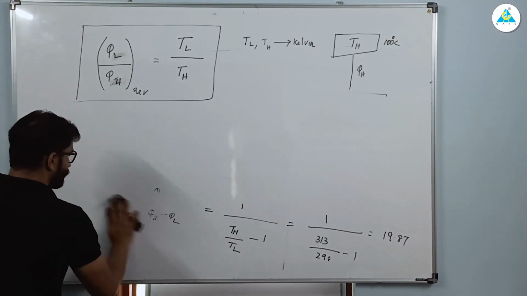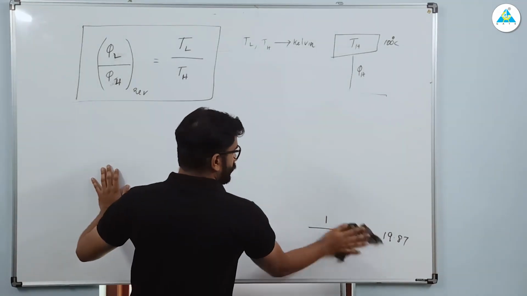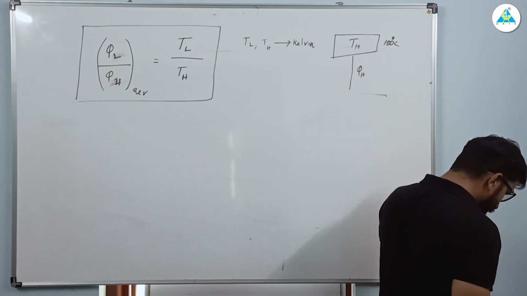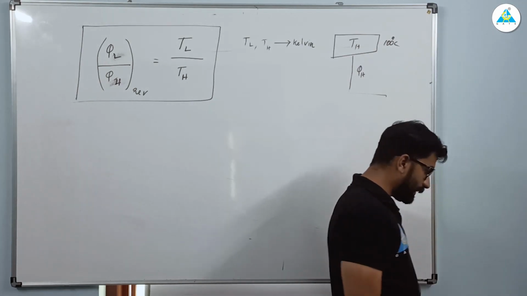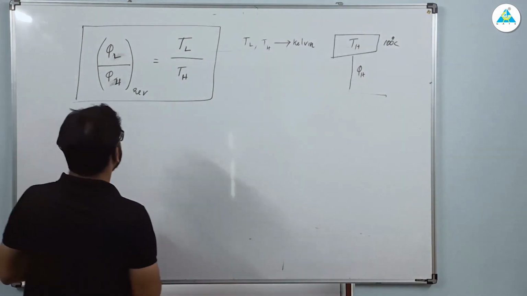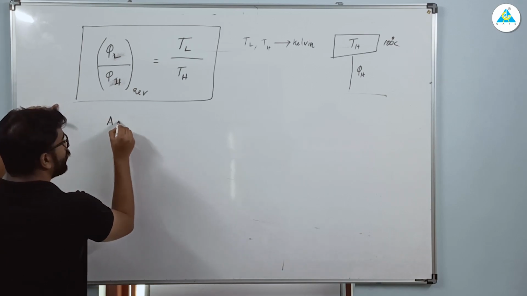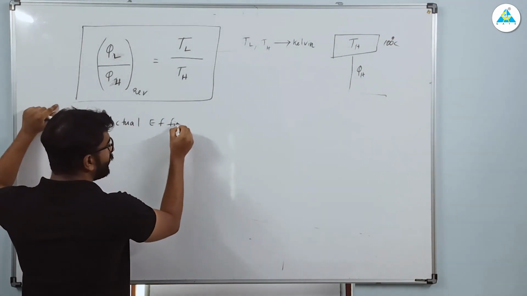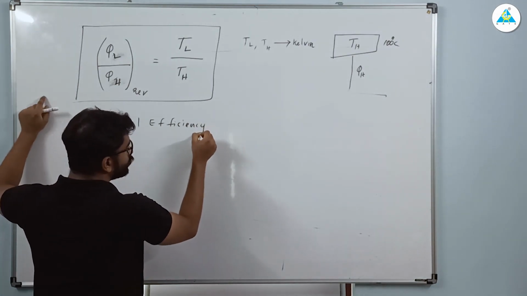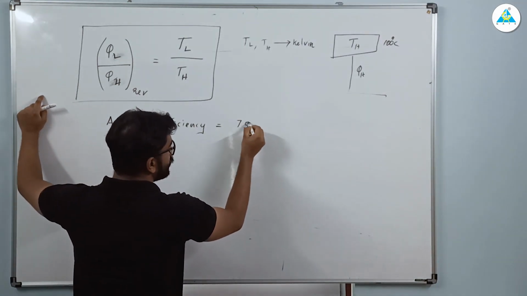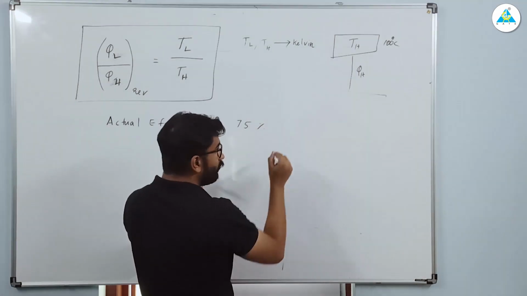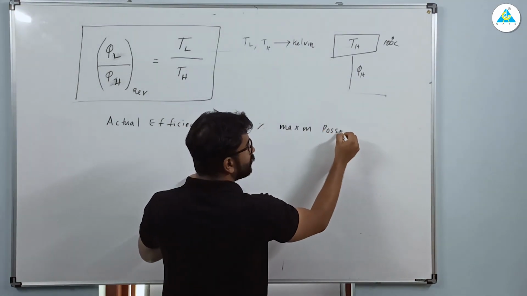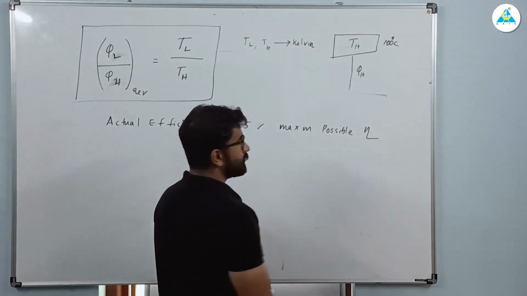So it is a question based on heat engine. The first thing they have given us is, heat engine operates at 75% of the maximum possible efficiency. The meaning is what? The actual efficiency of the heat engine is 75% of the maximum possible efficiency.